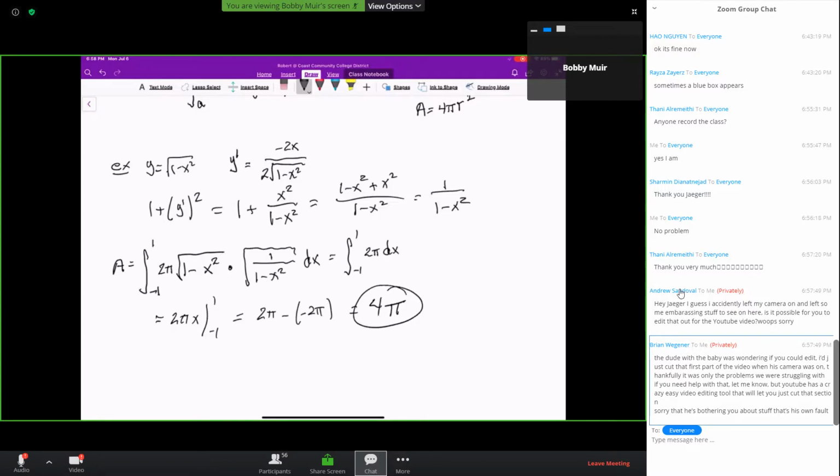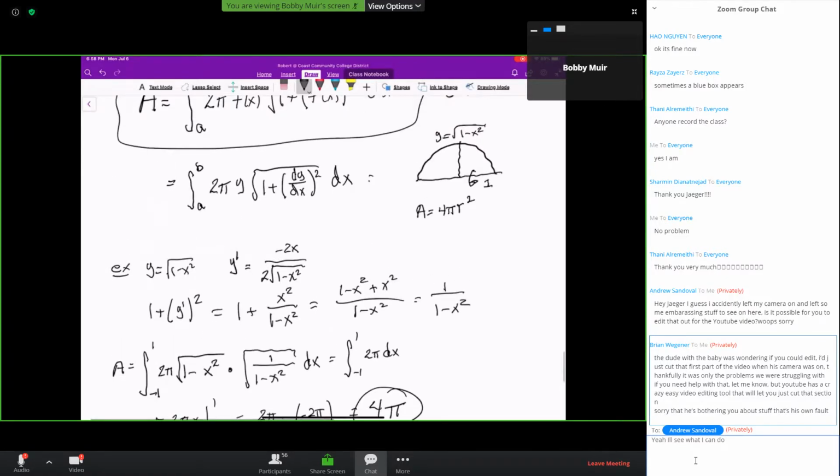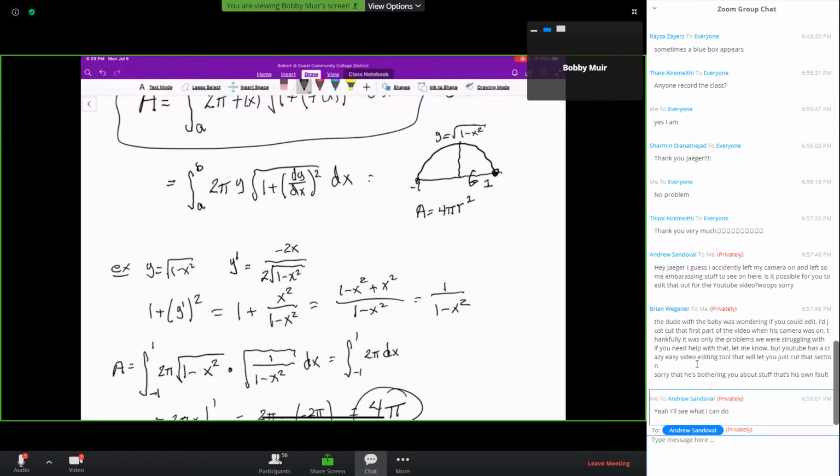Let you guys catch up for a second. You guys have any questions on that one? How do you get the bounds in there? Circle of radius 1. So that's negative 1, and that's 1. Okay.